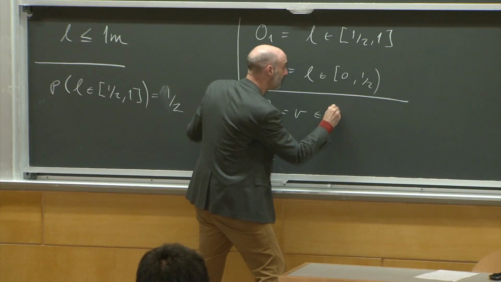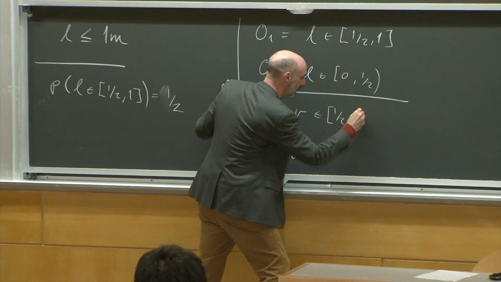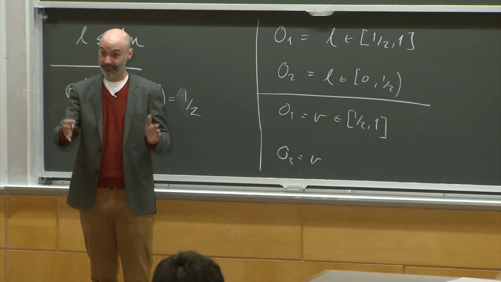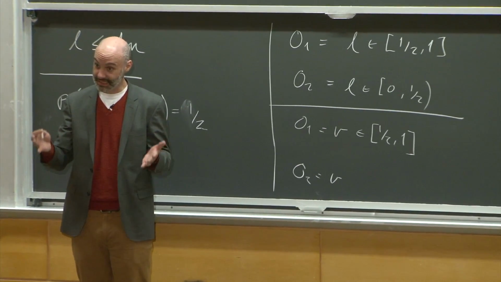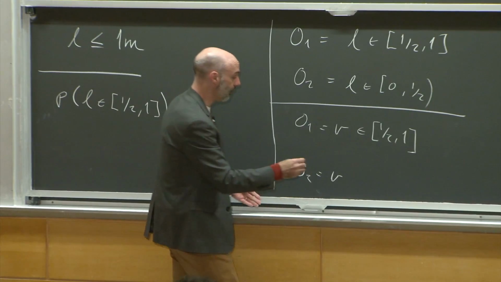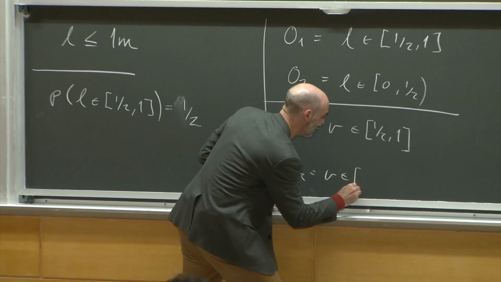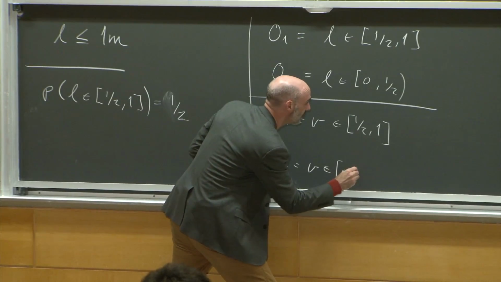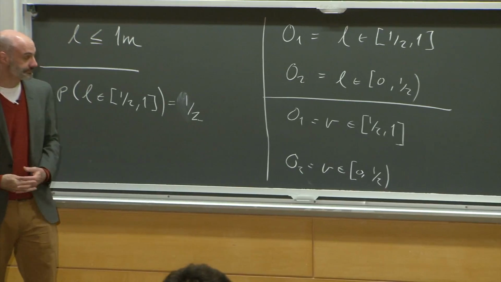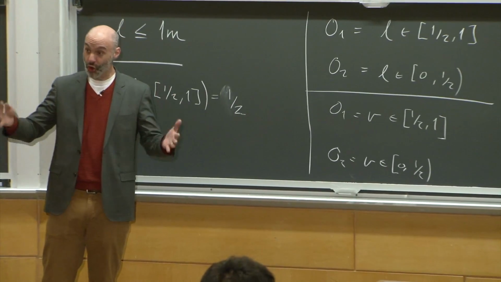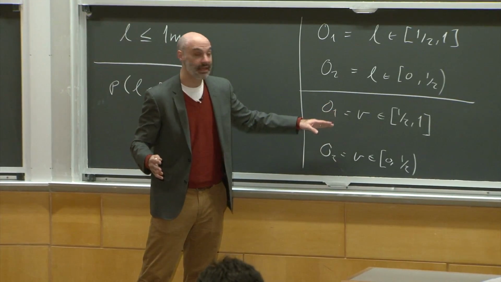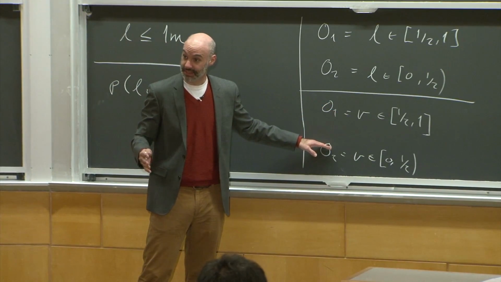We know that if the side length is anywhere between 0 and 1, the volume is going to be in that exact same range. So we have two options. Either it's in the 1/2 to 1 range, or it's in the 0 to 1/2 range. And again, we have no more reason to think that this obtains than that.